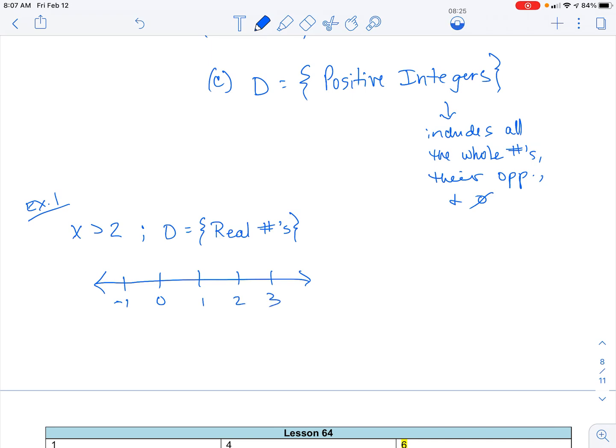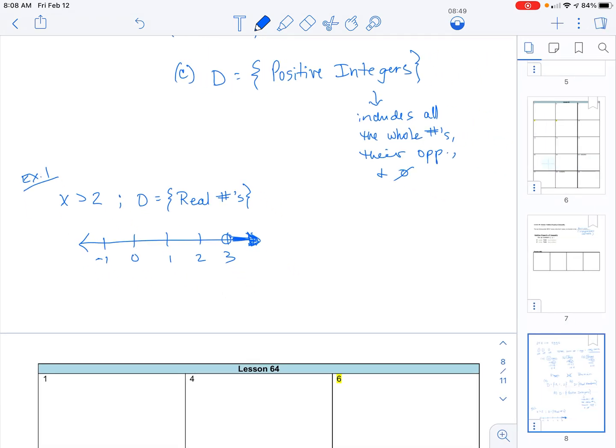We're graphing x is greater than 2, but we're restricting the numbers that are going to be selected for x to all real numbers. Those are graphs that we've already been practicing. If x is greater than 2, it does not include 2, and it will include all the real numbers greater than 2. We have our open circle. Okay, that's not tough. We've already been working on those kinds of problems.